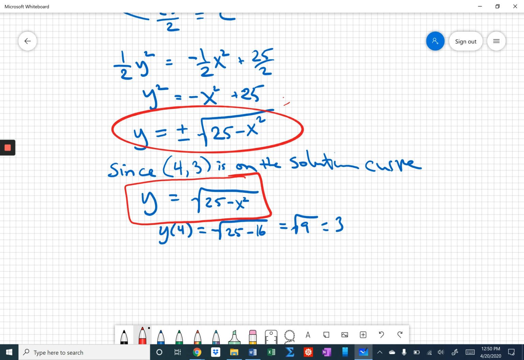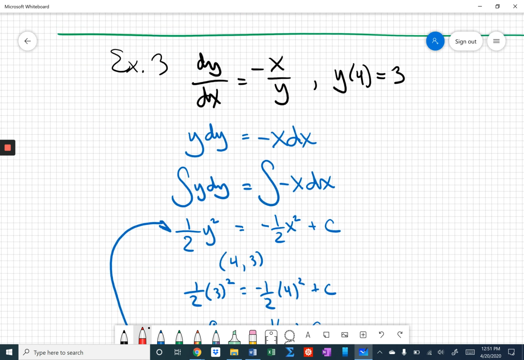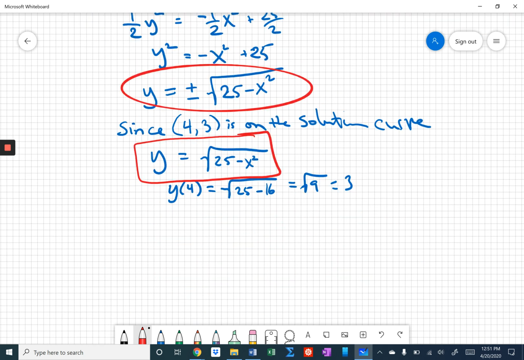And so the solution to this is just a semicircle, either the upper half or the lower half, depending on where the point has to go through. Since the point has a positive y coordinate, we have the upper half of the circle. If it had a negative y coordinate, we'd want the lower half. So hopefully you're able to come up with that on your own without any help.